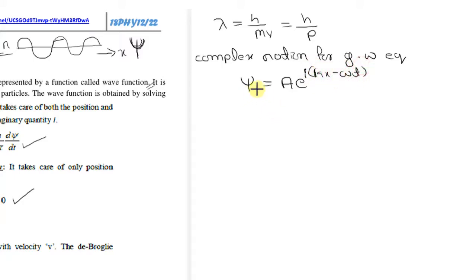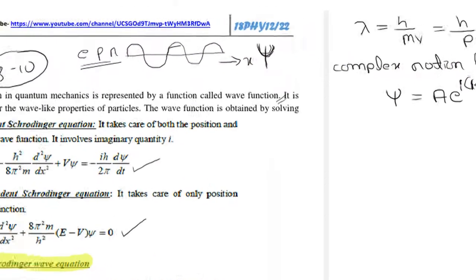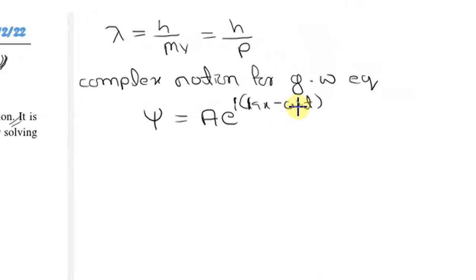Psi is the wave function, A is a constant, e raised to i is the imaginary part, x is the direction in which the wave is moving, omega is the angular frequency, and t is time.